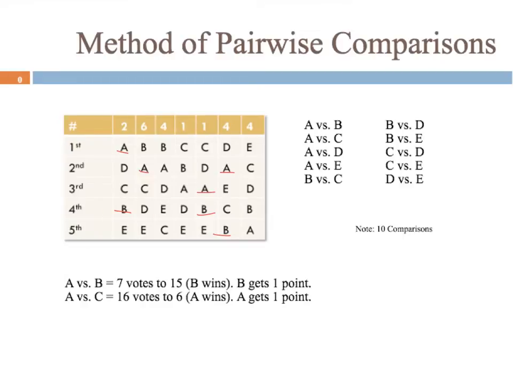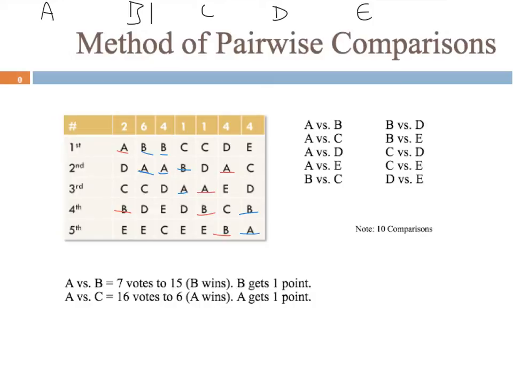And then B is above A in all the rest, which adds up to 15. So B's going to get 1 point. It's usually helpful to keep a tally, so that's what we'll do up here: A, B, C, D, E. So B gets 1 whole point.